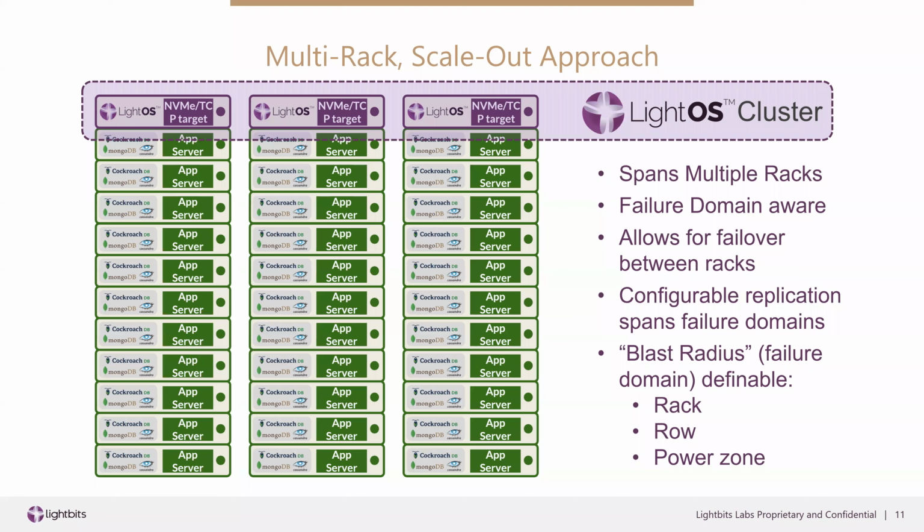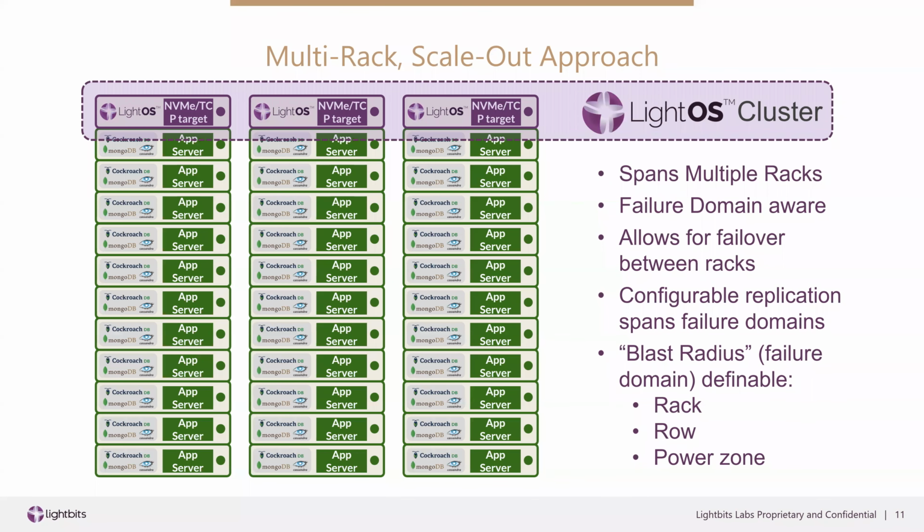But you could also have other failure domains per your own definition. You could define it not just by rack, but by row or by power zone, or maybe you have A/B power. So we give you a flexible mechanism that's going to fit into your Kubernetes or virtualization environment or bare metal, such that you can define what a blast radius is or your failure domain.